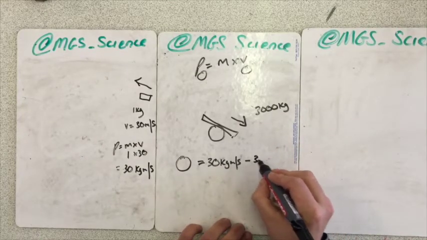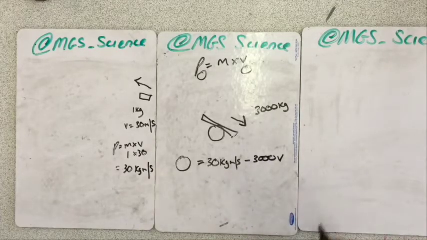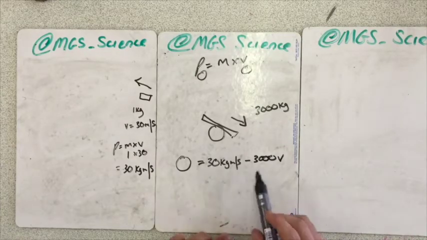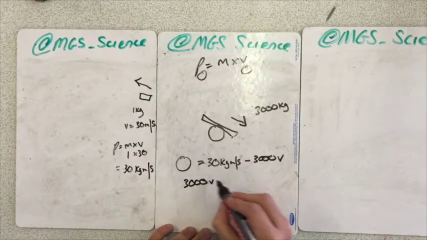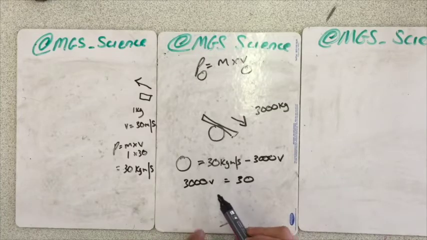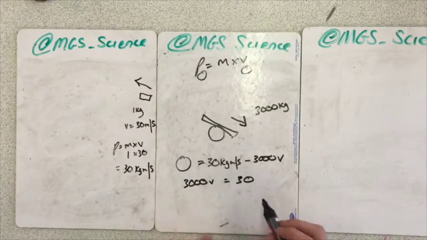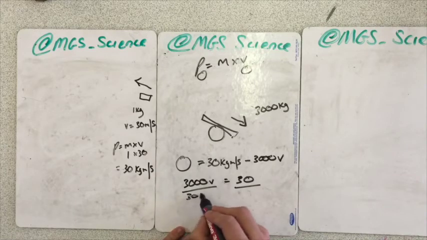So its mass, 3,000 times velocity. Now, it's a case of rearranging the equation. So if we've got something that's minus, if we take it over the other side, it becomes 3,000 V is equal to 30. And then to get V on its own, divide both sides by 3,000.